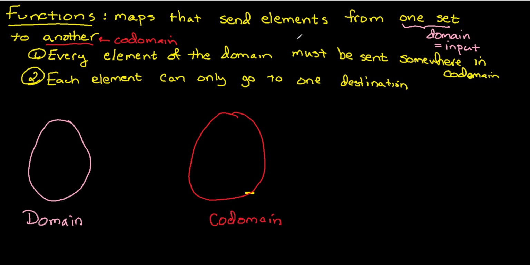All right, so something that's a function. A function, let's give ourselves a few elements here. I'll give ourselves 3 little elements. I'll call them element 1, 2, and 3. So a function has to send each of these items somewhere into the codomain.